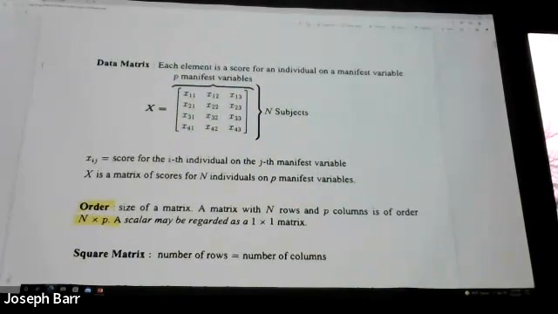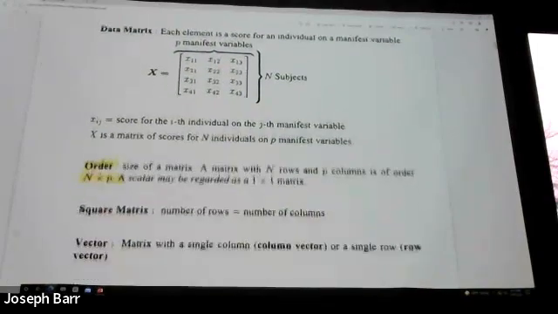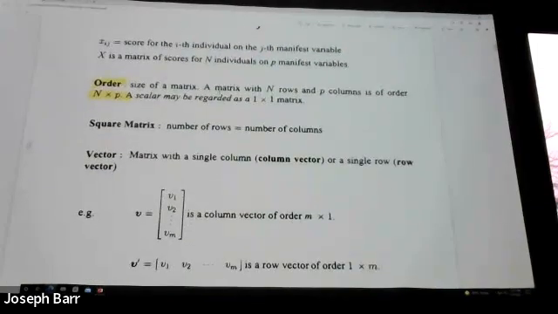For example, suppose we have 100 subjects, then we can have a very long matrix, and p manifest variables. That means we can put a lot of independent variables or dependent variables or any variables here. So that's a very useful notation.